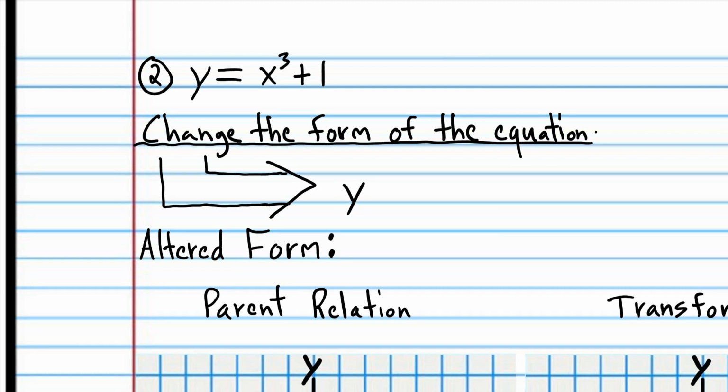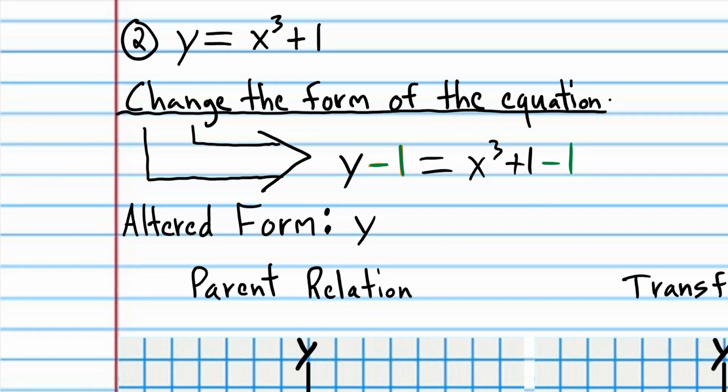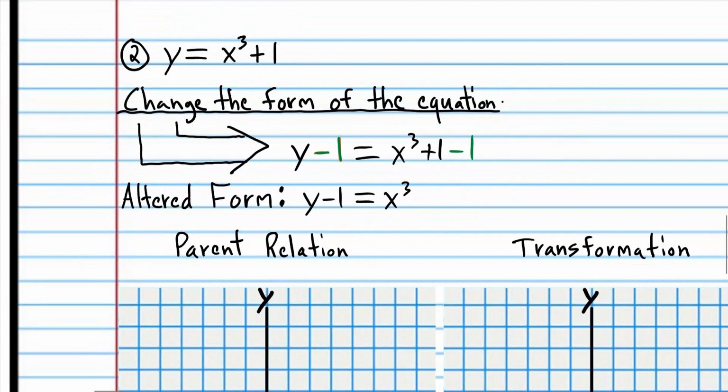We're just going to put that 1 on the other side. So we're subtracting 1 from both sides, and we get y minus 1 is equal to x cubed.